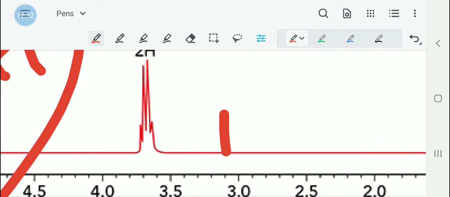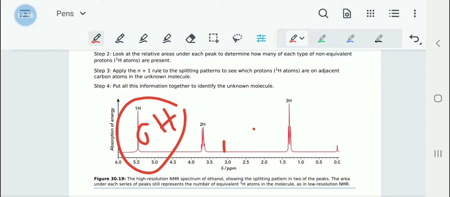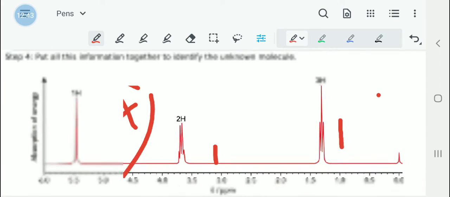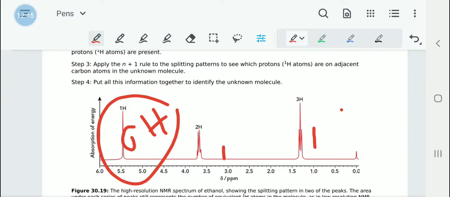So therefore it is CH2. Then this one has split into 3 peaks. Therefore, we know that it is the CH3 part, because it is the neighboring atom that we look at. If the neighboring atom has 3 hydrogens, then the one before will have 4 peaks. I hope that made sense.